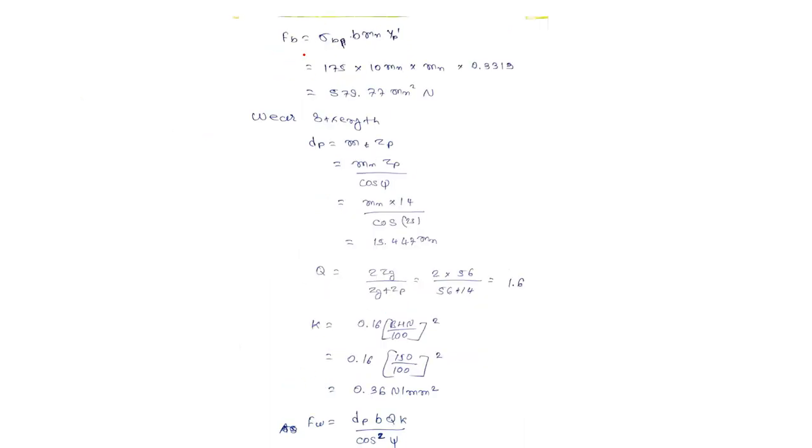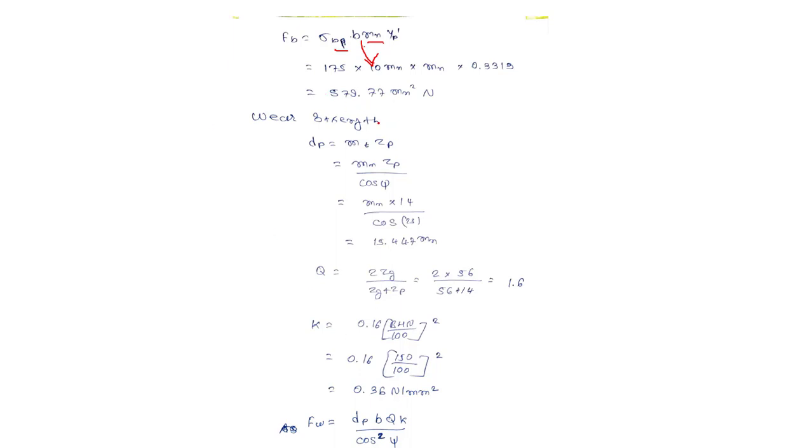Our beam strength equation is Fb equal to sigma Bp into b into Mn into Yp dash. Here for the module we always use the normal module. So putting all values and taking face width equal to 10 into module, we get this equation.